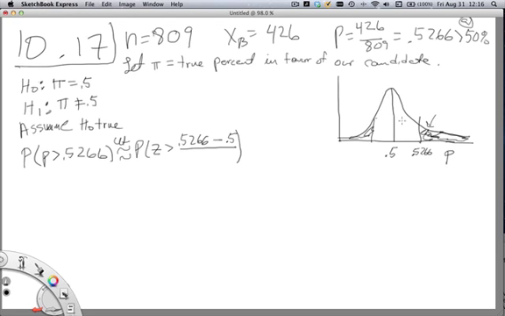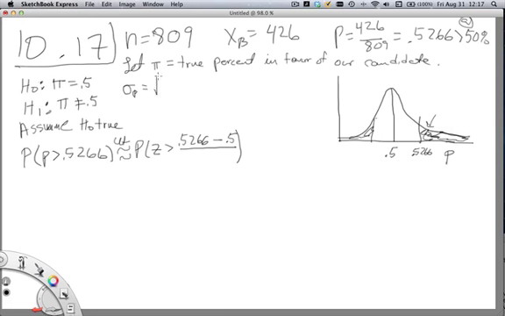Now at this point, we have a small decision to make that doesn't really matter. Here we've got two possibilities. So we could find the standard deviation of that distribution, which is sigma sub p.